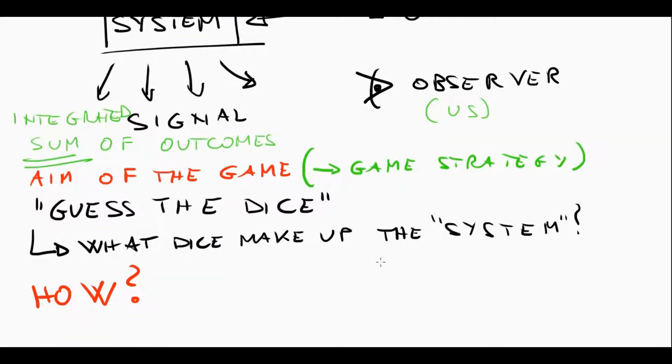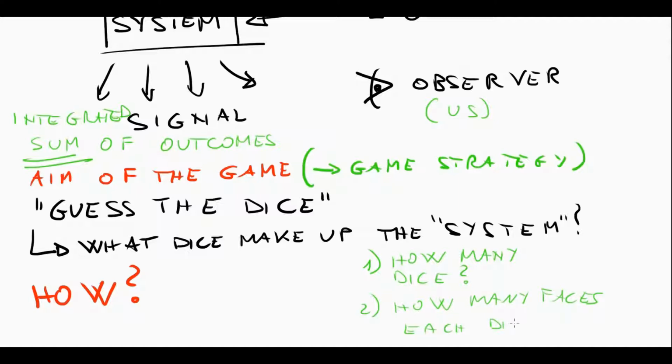So, first of all, we have to determine how many dice make up the system and how many faces each die has. These are the two questions that must be answered in this very simple game.